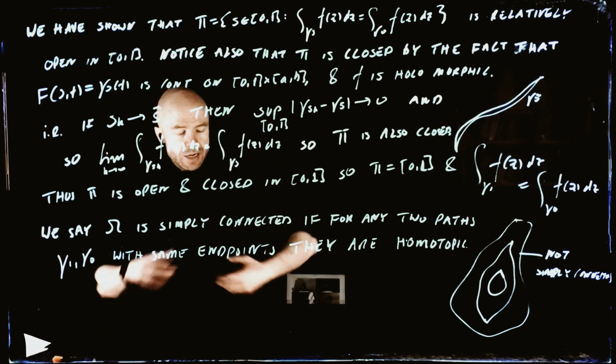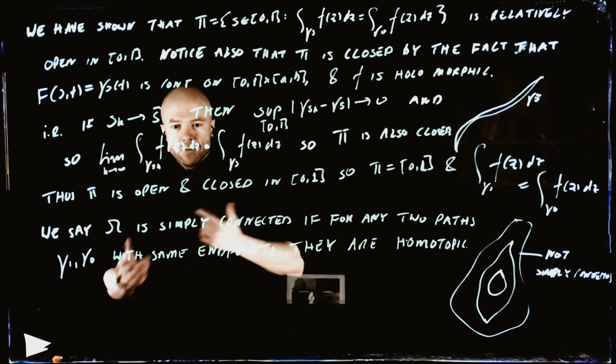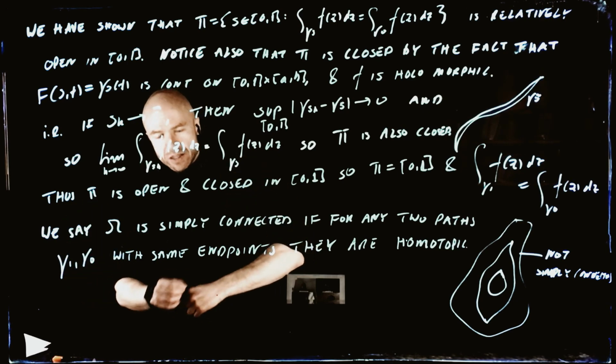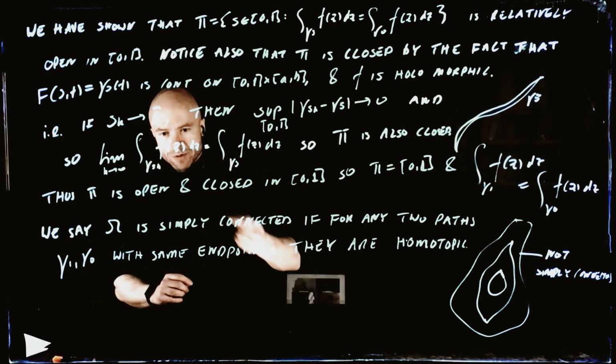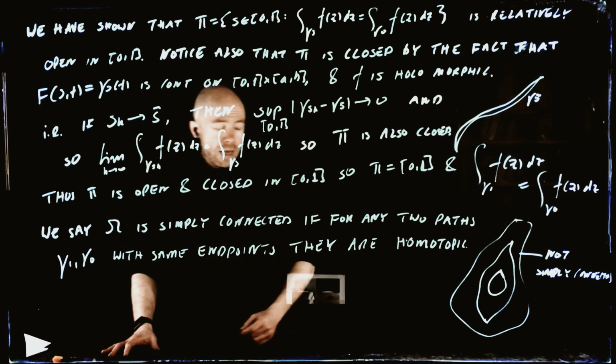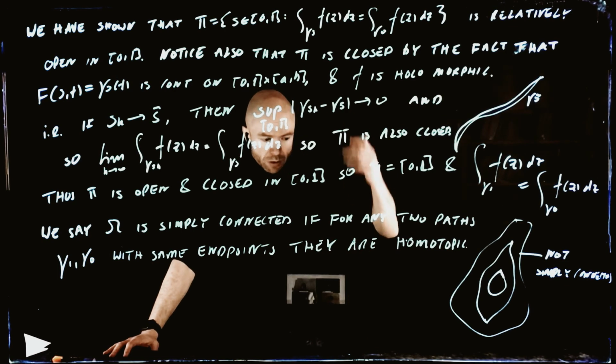And simply connected sets are the largest class for which we do have all the theorems we've been carefully proving for particular domains. So we'll have that there exists a primitive for an arbitrary function. We'll have that the Cauchy integral formula holds true. We'll have that Cauchy's theorem holds true.